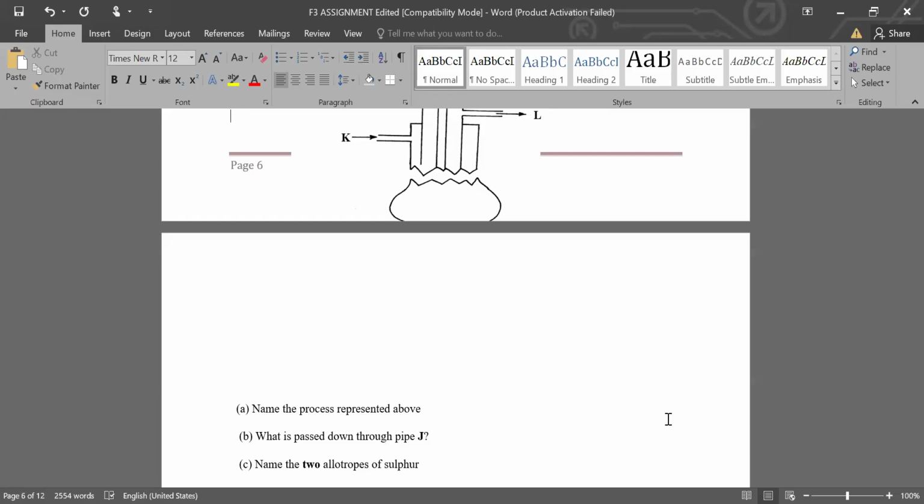That is the role of the J. J has hot compressed air that pushes up or forces out the molten sulfur mixture with the water up to the ground by maintaining it in molten state.